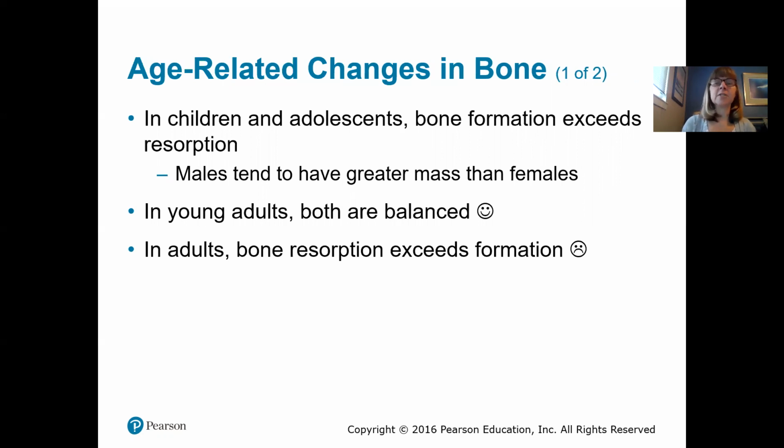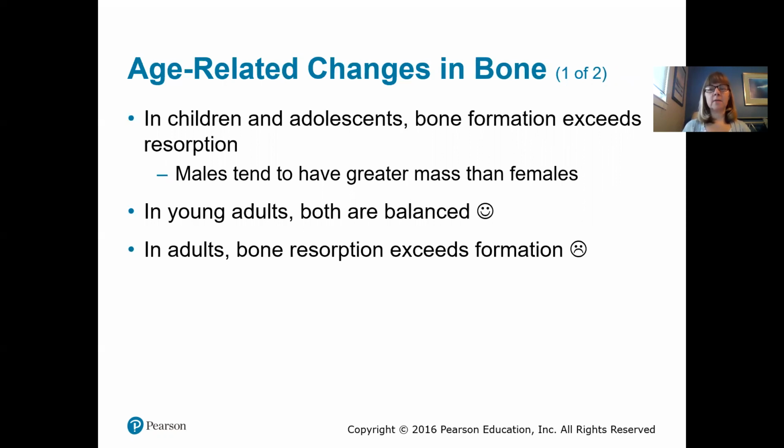Now, as far as children and adolescents, bone formation exceeds reabsorption. So when you're a child and an adolescent, the formation is just growing. They're growing like weeds, right? And boys definitely have more bone mass than females, and they grow.